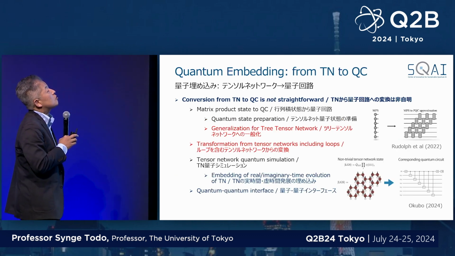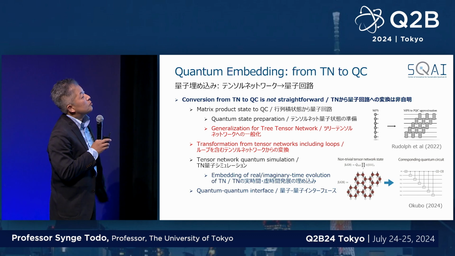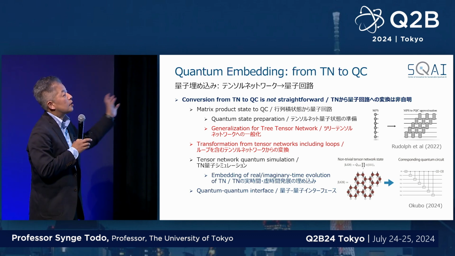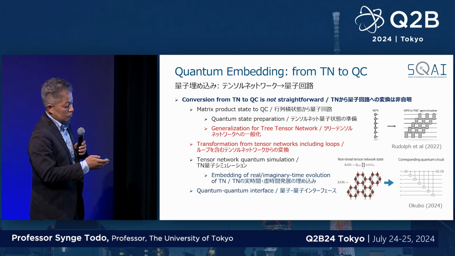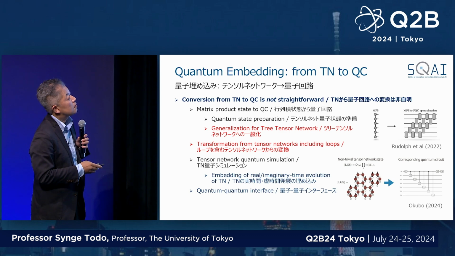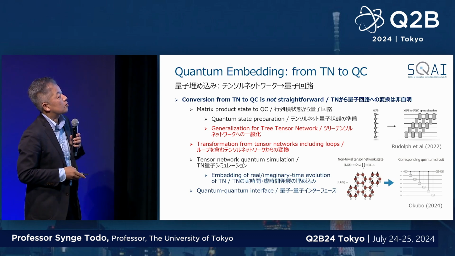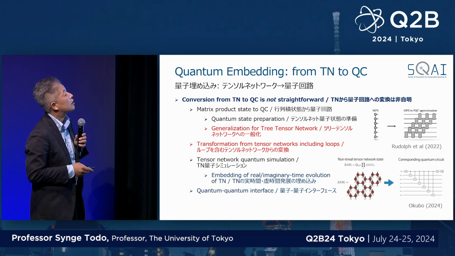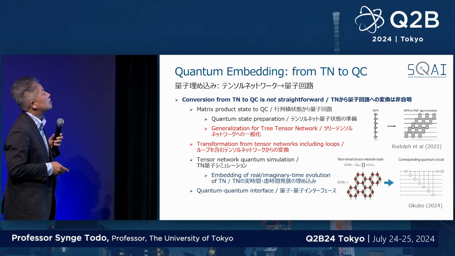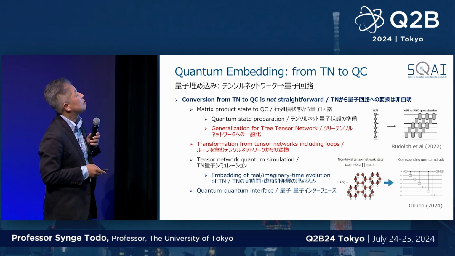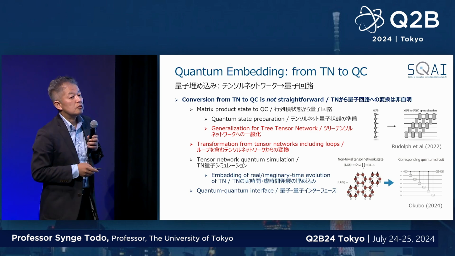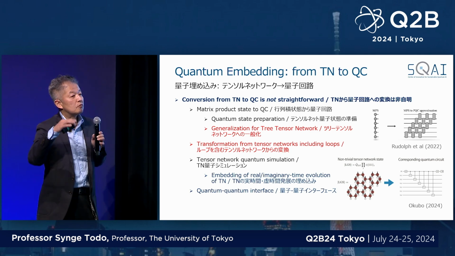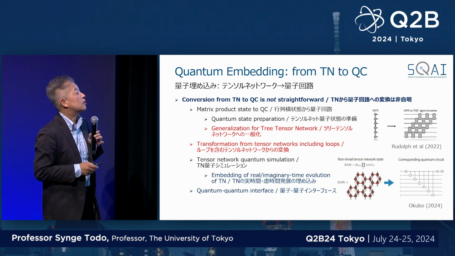The reverse process is to embed a TN into a quantum circuit. For example, this is a one-dimensional loopless tensor network, MPS. There are multiple ways to embed that into a quantum circuit, and this is quite successful. A tree tensor network is complex, but doesn't have any loops.